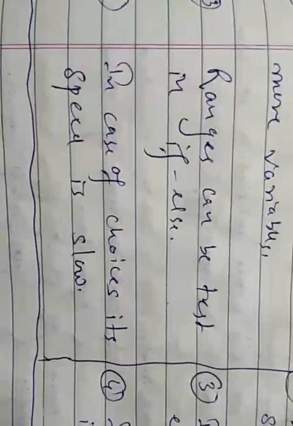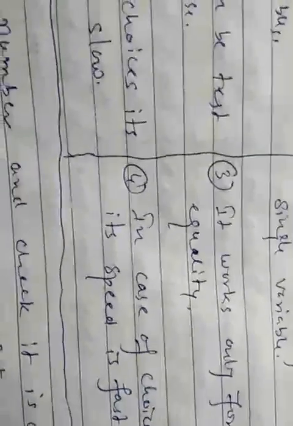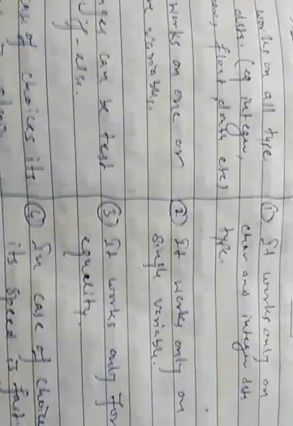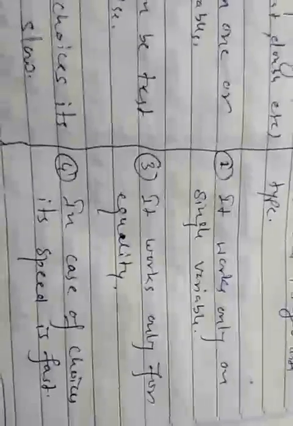Ranges can be tested in if else, meaning we can use less than and greater than signs in if else, but switch works only on equality. In case of choices, the speed of if else is slow, whereas the speed of switch is fast. So this is the major difference between if else and switch. That's why in case of choices, switch is more preferable compared to if else, because the speed will be fast.